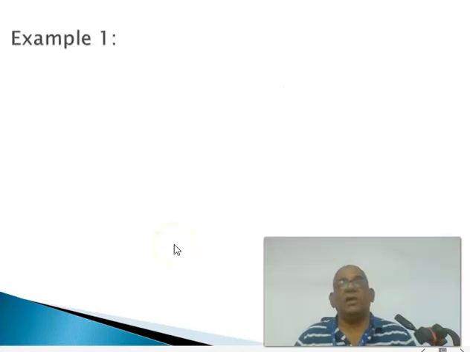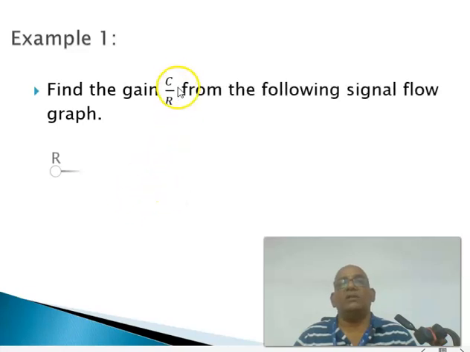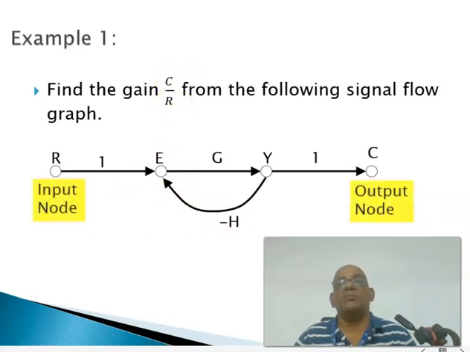We will see one example as shown here. We are required to find the gain C by R from this block diagram, from this signal flow graph. It's a very simple graph.